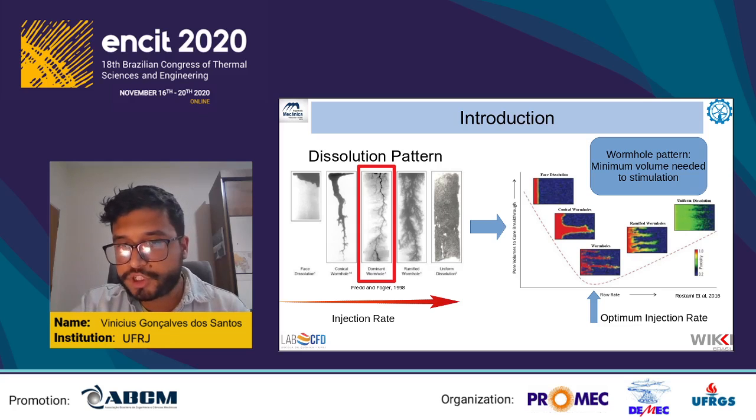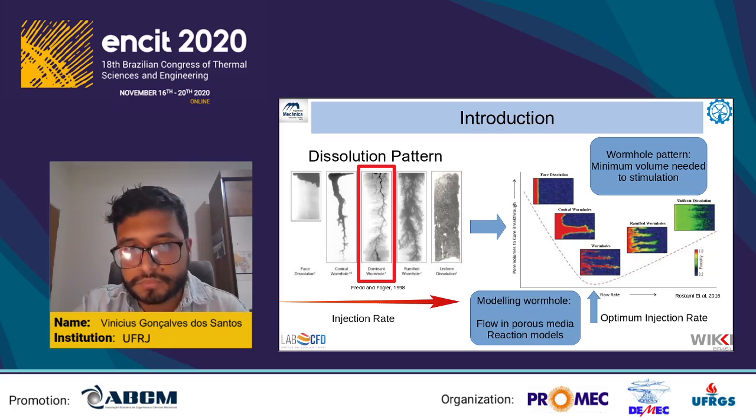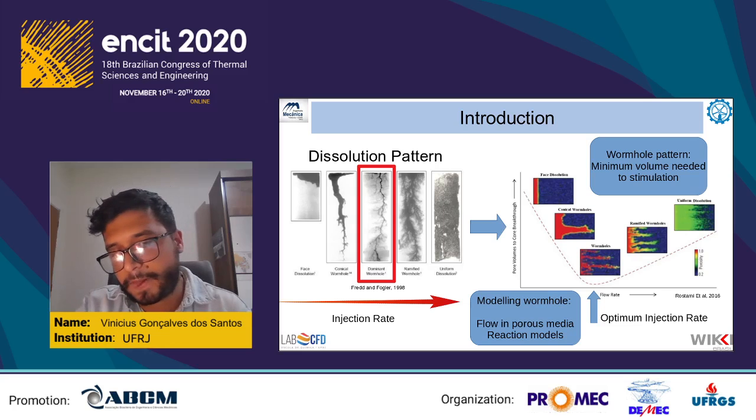At the optimum injection rate, you have the minimum volume of acid used to perform the stimulation process. And because of this, wormhole is the most suitable dissolution pattern for the process. And modeling wormholes is one of the most important tasks in the research.